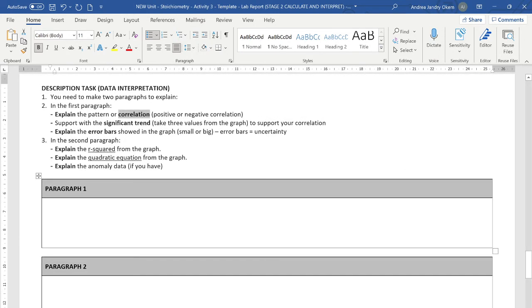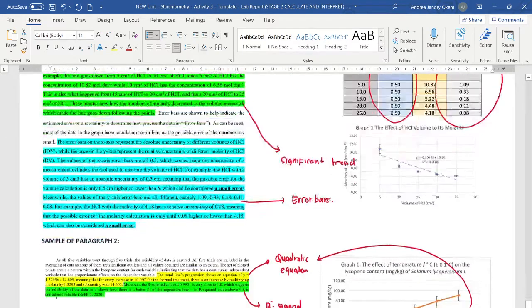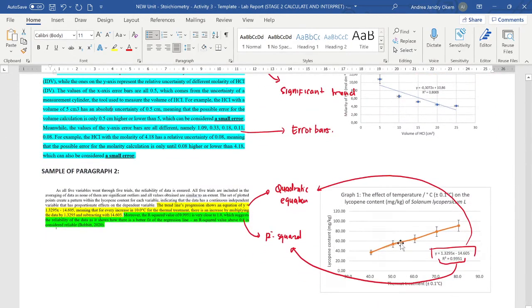The last one is you need to comment on anomaly data if you have any. Based on your graph, you need to see whether it is supposed to increase but suddenly in the third variation it decreased. That's an anomaly. Or maybe your error bars are so big, that's also an anomaly.